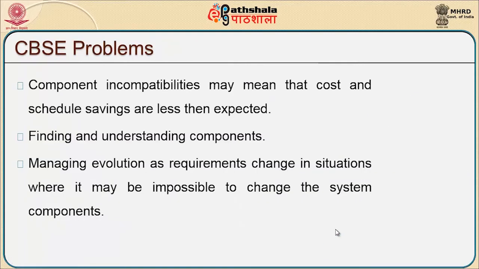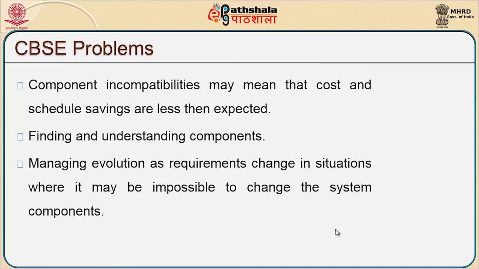One of the problems that we came across is the Ariane rocket problem that we saw in the previous session. We have another component-based software engineering problem also, which says component incompatibilities may mean that cost and schedule savings are less than expected. Finding and understanding components is pretty difficult.